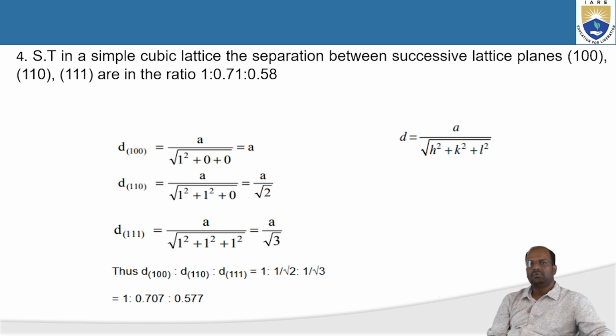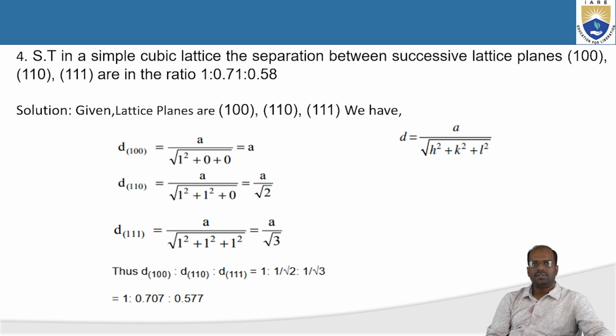So it is proved from the interplanar spacing formula that the 100, 110, 111 planes are in the ratio 1 is to 0.71 is to 0.58. Next problem.